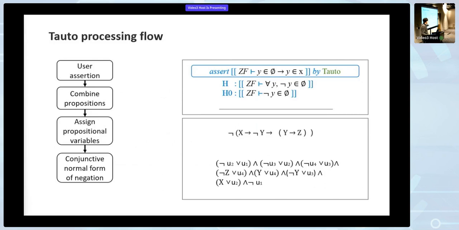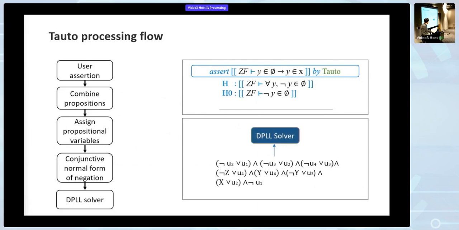And then we will generate a conjunctive normal form of it. These two formulas will have the same satisfiability, and we will just throw this CNF into a DPLL solver that we implemented in Coq. It is a quite simple algorithm, about 300 lines, so it doesn't produce any witnesses. It just produces SAT or UNSAT.